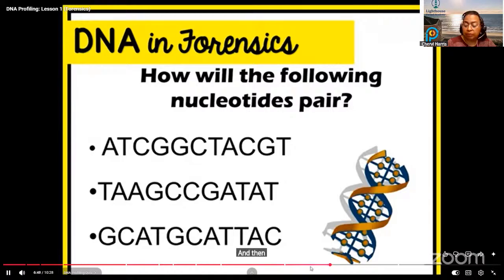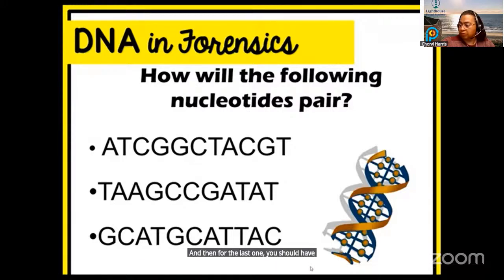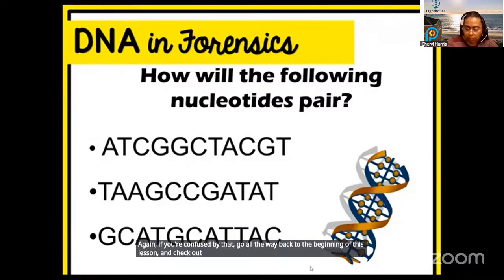And then for the last one, you should have C, G, T, A, C, G, T, A, T, G. Again, if you're confused by that, go all the way back to the beginning of this lesson and check out those Amoeba Sisters videos because they will help you understand how to pair these.